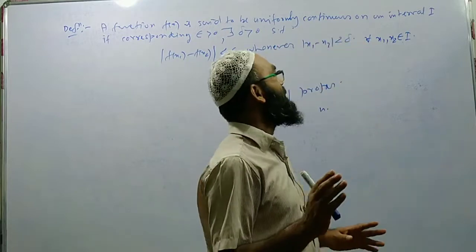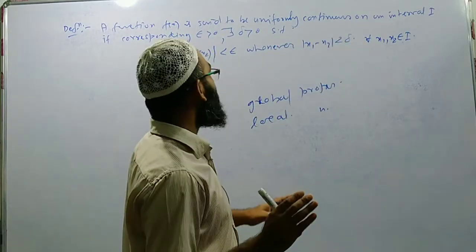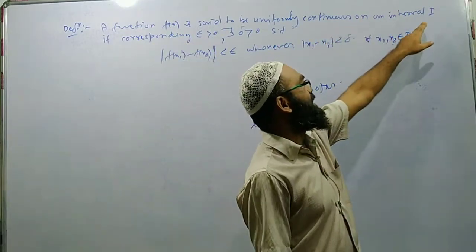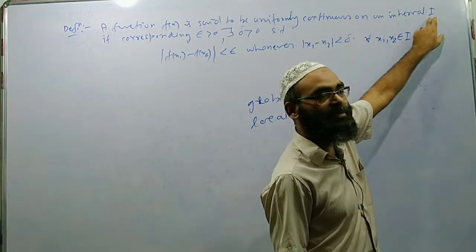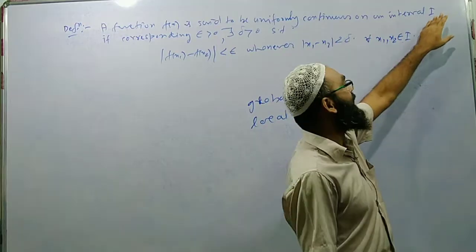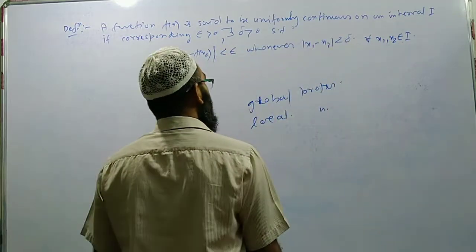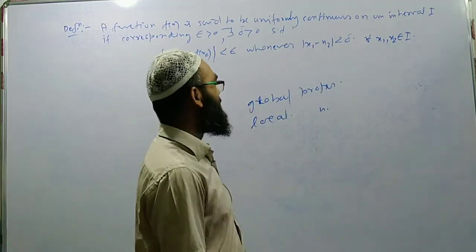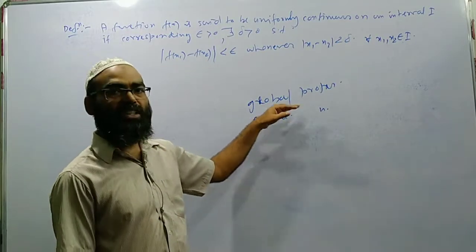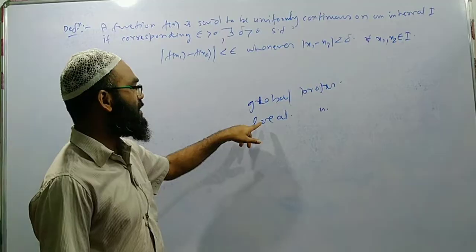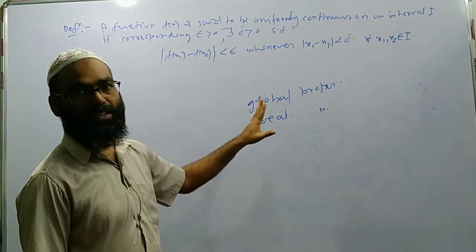Here, for convenience, we shall take an interval. This also can be a set. Here I am taking an interval; this may be an interval or a set. So uniform continuity is a global property, whereas continuity is a local property.